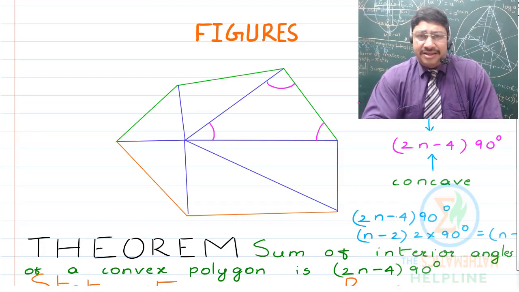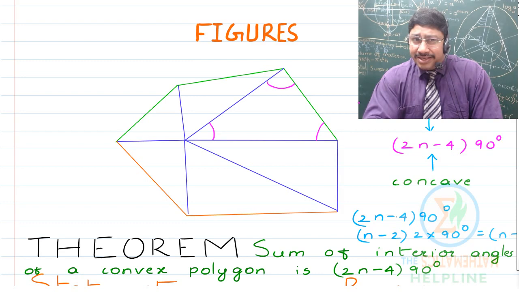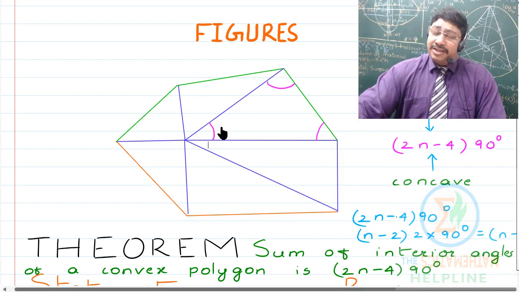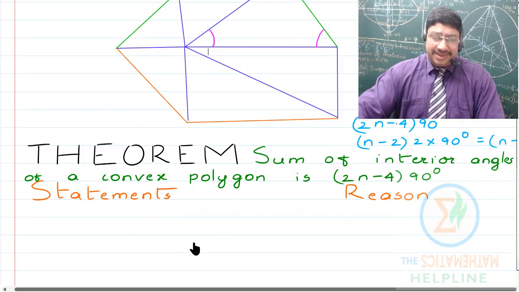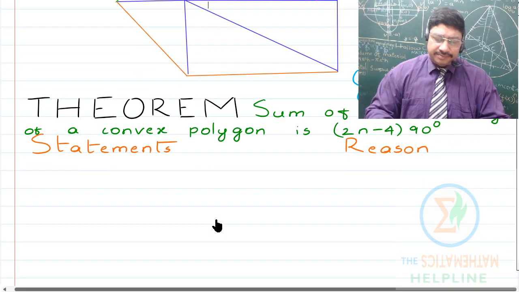Similarly, if you add up the interior angles of all of these triangles, it is going to come to 180 into the number of triangles formed. And as we've already seen, the number of triangles formed will be n, for an n-sided convex polygon.